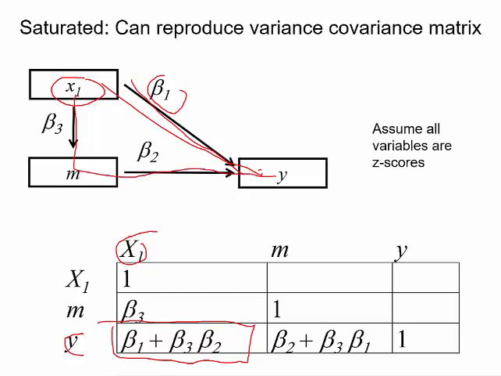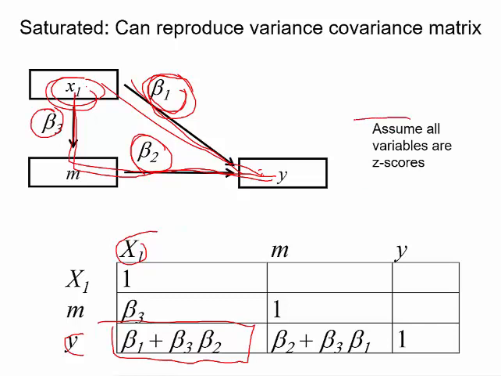If you recall from our discussion of mediation in our previous unit, the total effect of x on y is equal to the direct effect plus the mediated effect. The mediated effect is equal to the product of your two mediated pathways, in this case beta 3 times beta 2, and the mediated effect plus the direct effect, beta 1, will be my total effect.